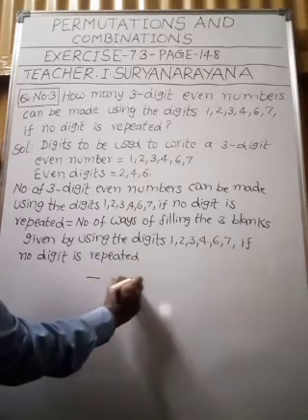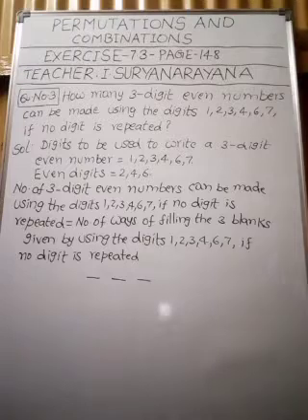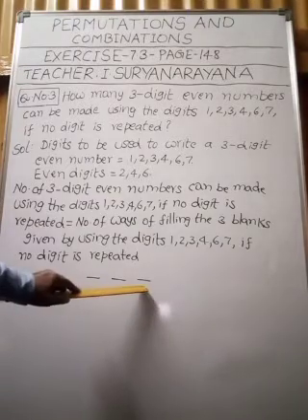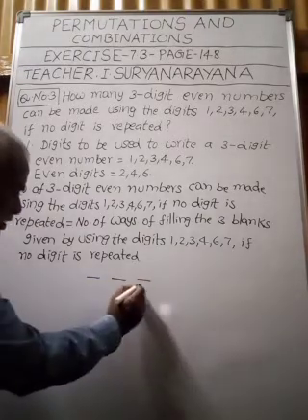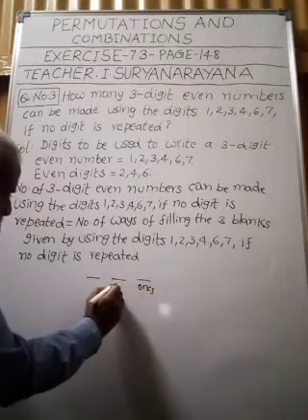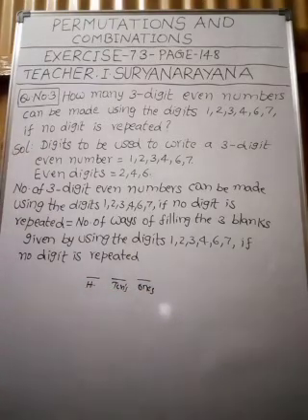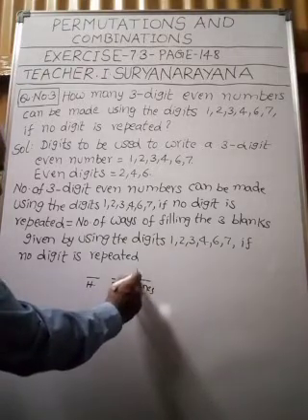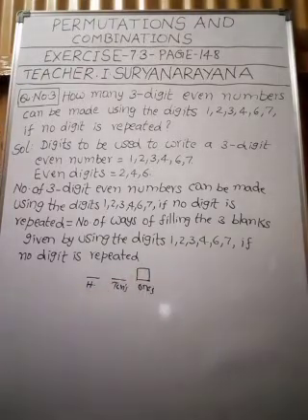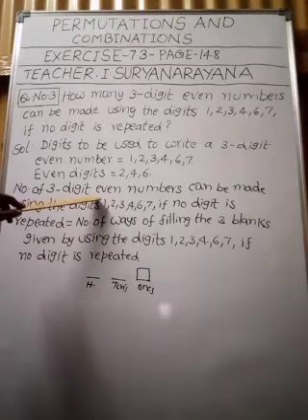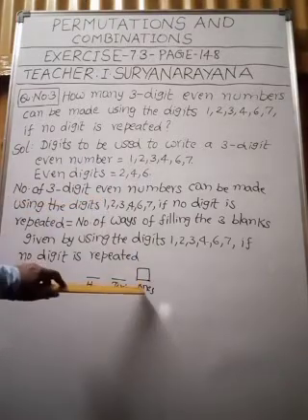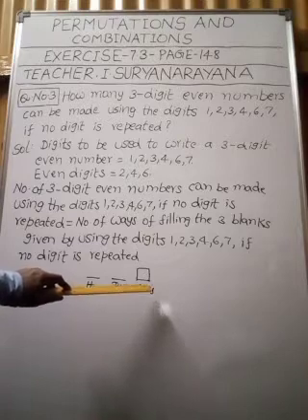So that is equal to, so I have taken 3 blanks. This is ones place, this is a tens place, this is a hundreds place. So first we focus on units place because we have to write even numbers.